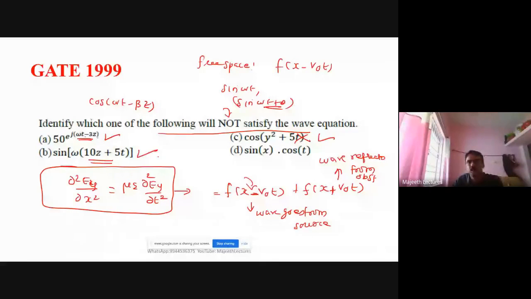You can ask how this is sin a cos b. Sin a cos b means it is sin of a plus b plus sin of a minus b, divided by 2. It is x plus some t format, so this is also a wave equation. So A, B, D are all wave equations. Only C will not satisfy. So the answer is option C.